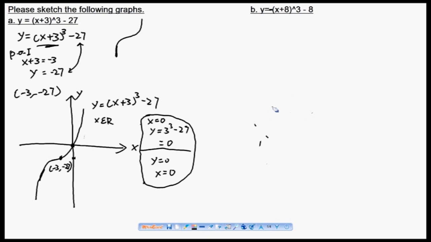Okay, let's do question B. I rewrite question B there. Question B is y equals minus (x plus 8) cubed minus 8.